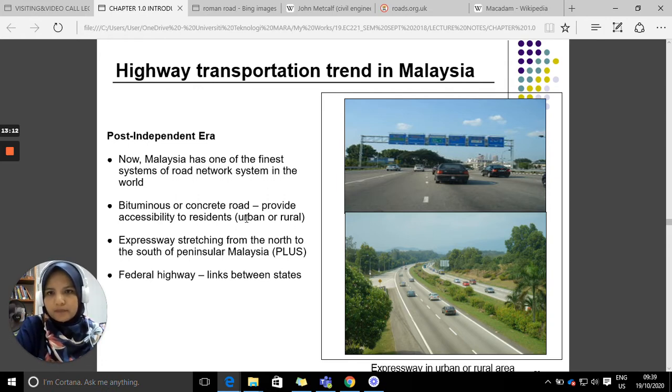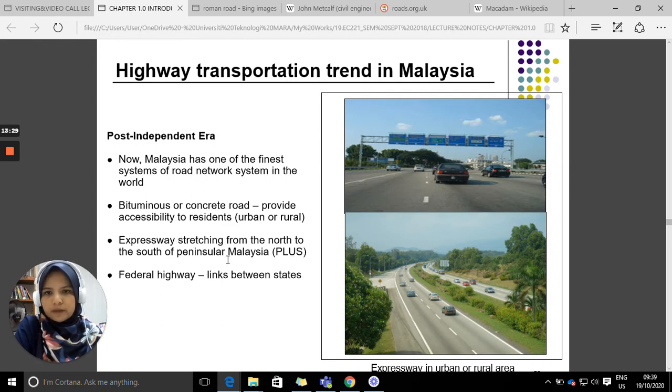Okay, and we are lucky enough we have this fast expressway. We shorten the length, shorten the time for us to reach from one place to another.